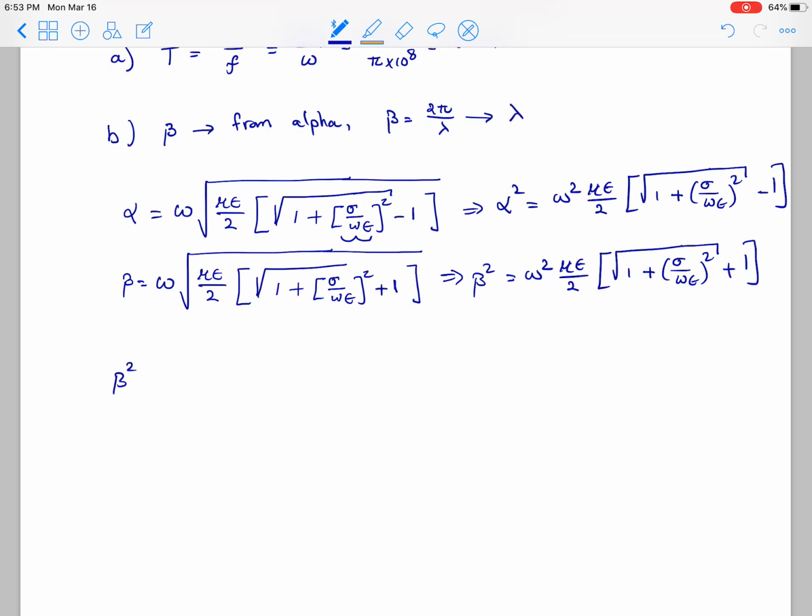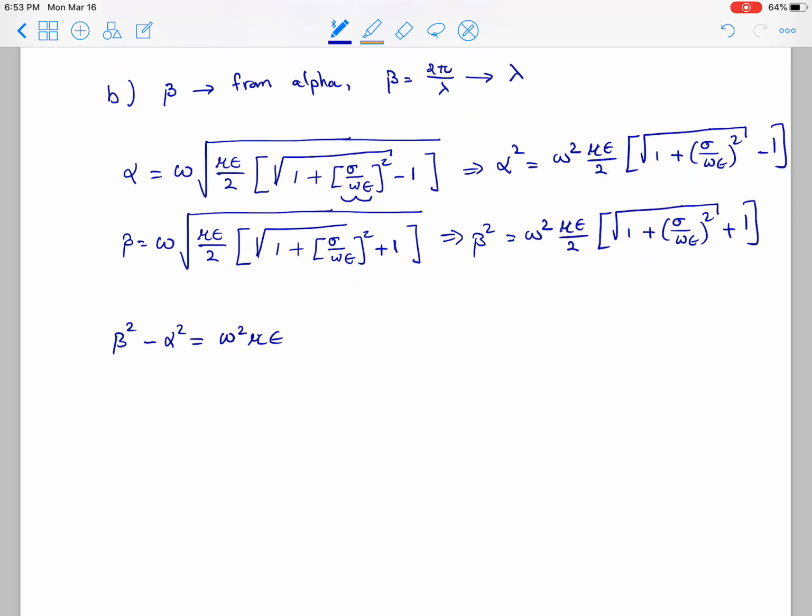So now let me subtract alpha square from beta square. In this case, I will end up with omega square times mu times epsilon.